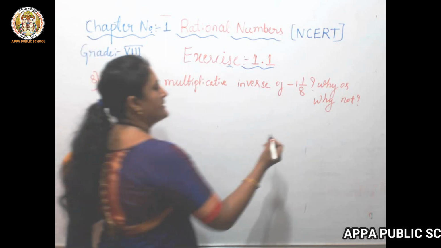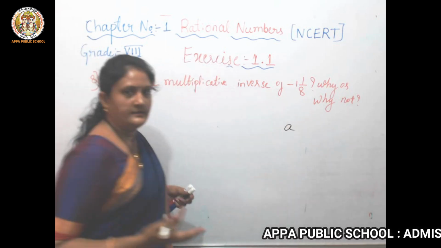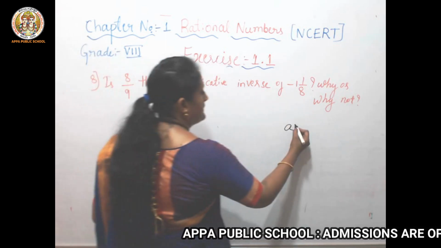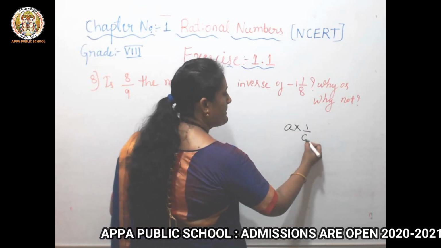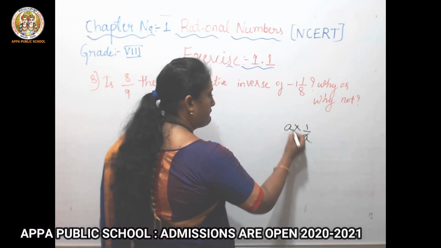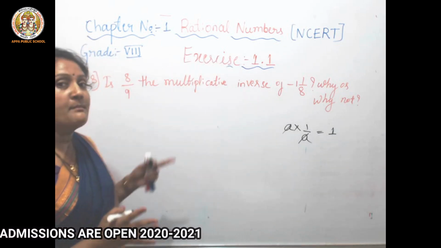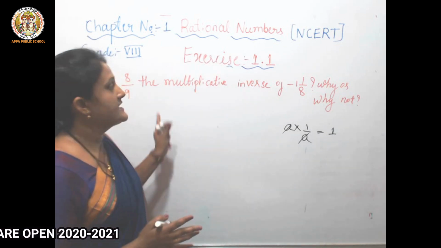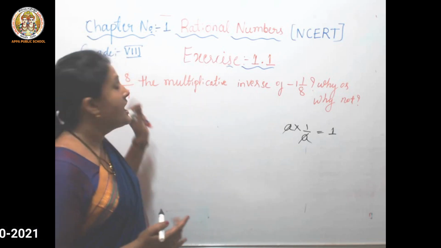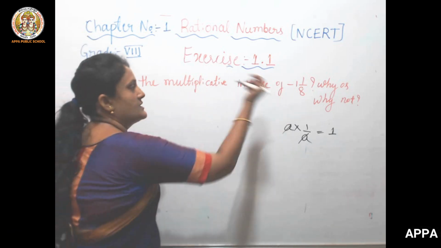See, you know that A is a rational number. If the inverse of this is 1 by 8, then the product will be 1. If we are getting the product as 1, then we can say this is the multiplicative inverse of the first one.